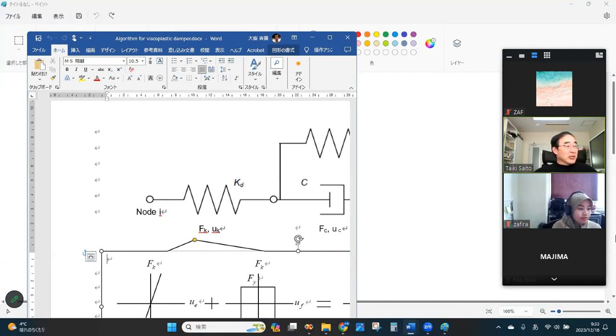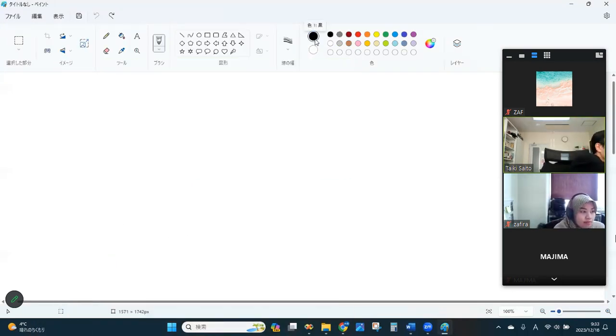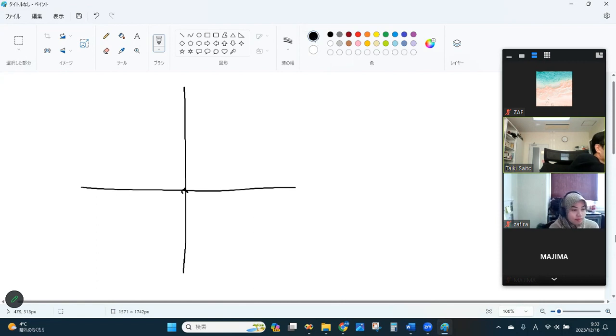So bilinear hysteresis, when you, how to say, so start with here, 0. And one step, you check hysteresis, this initial stiffness. Okay? One step. Gradually, you increase deformation.